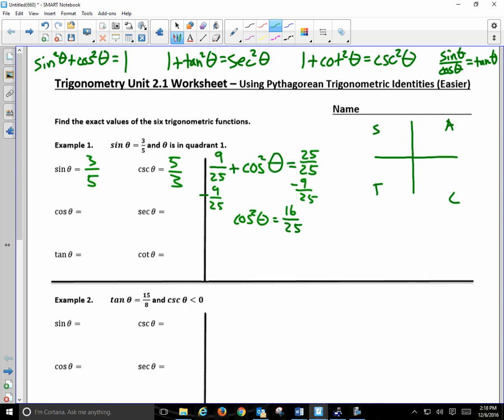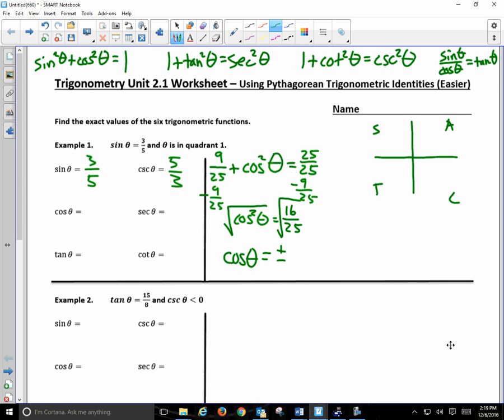Well, I'm getting closer. I have cosine squared. I don't want cosine squared. I want just cosine. So what should I do? Square root both sides to get rid of the squared. And I have a cosine of theta is equal to, because I square rooted, I'm going to list the positive and the negative.